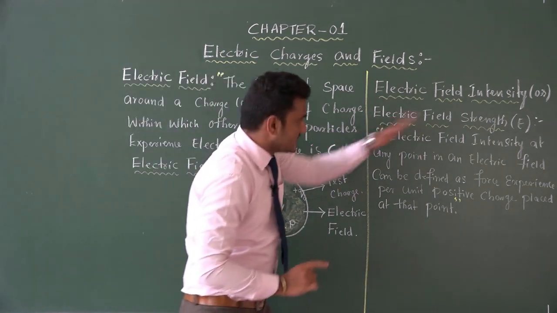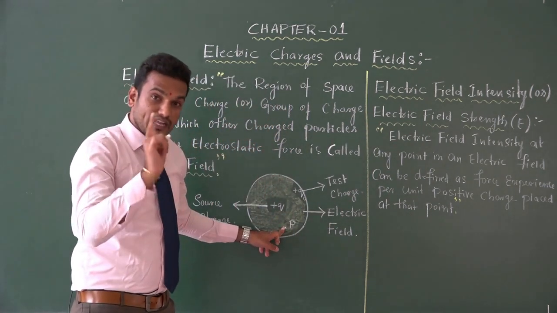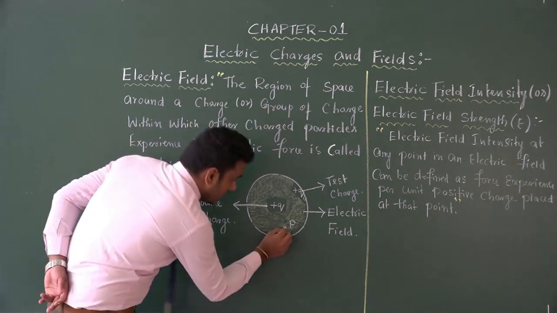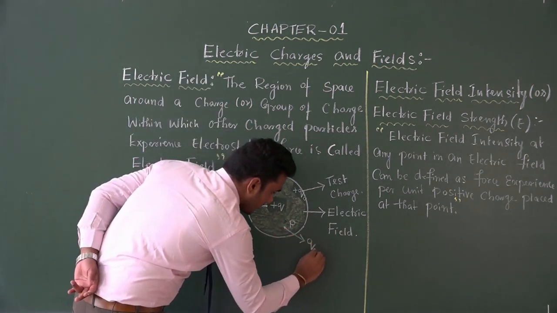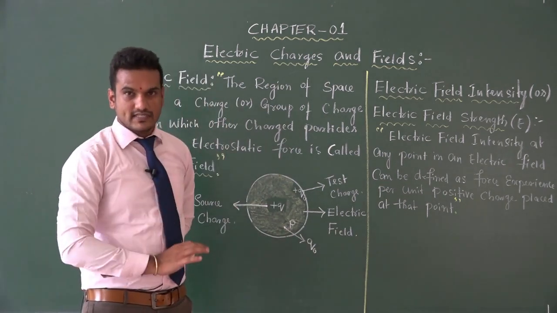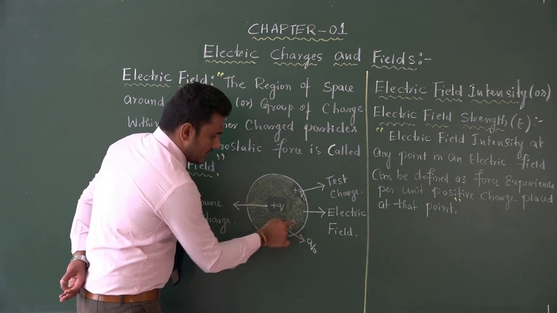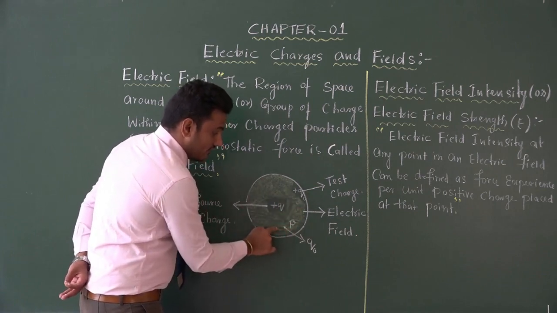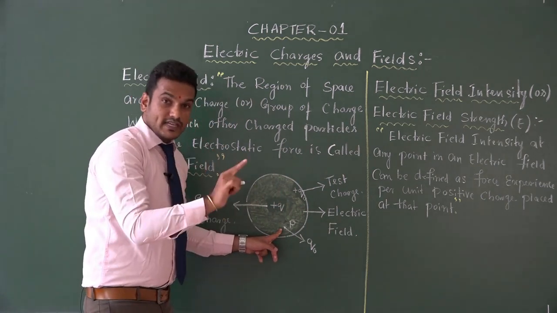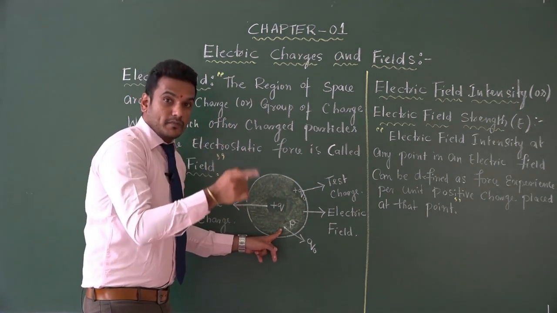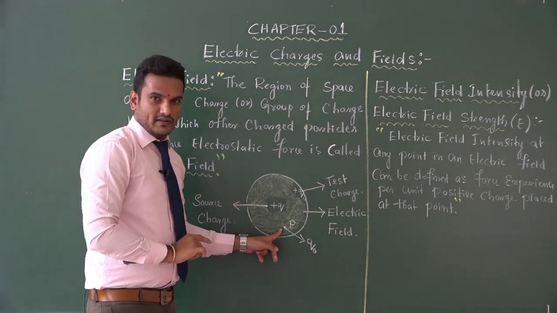According to this statement, to calculate the strength of an electric field at any point, we need to keep a unit positive charge or test charge. So I am keeping Q naught, the test charge or unit positive charge. If you keep the test charge at point P in an electric field, definitely it experiences electrostatic force. That force experienced per unit positive charge gives the strength of the electric field.